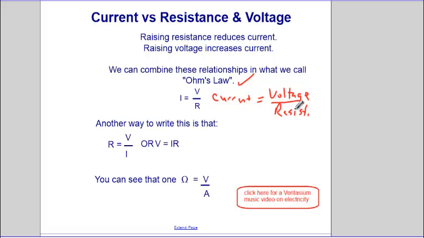I'm going to abbreviate, and you can write it as I equals V over R, or R equals V over I, or V equals IR. And these are the units. This symbol omega is for ohms. V is for voltage or volts. And A is for amperes or amps.